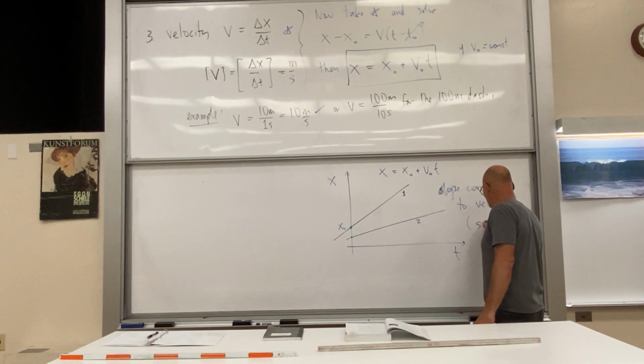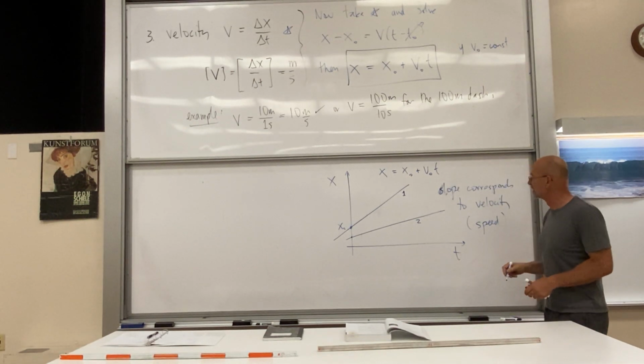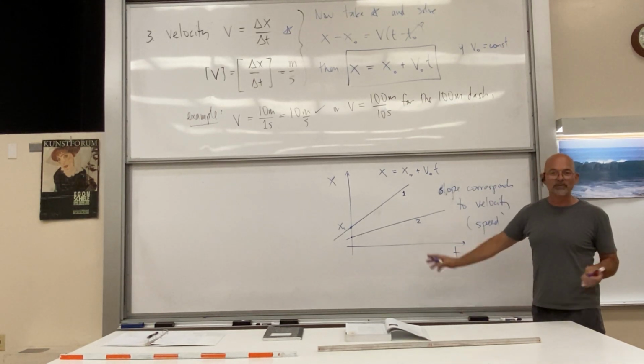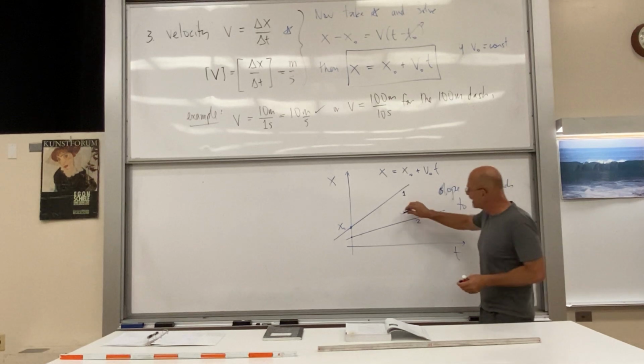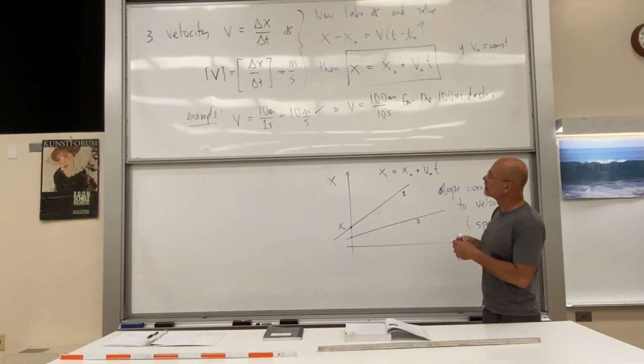In this case, speed. Speed is the magnitude of the velocity. So technically speaking, we don't use them interchangeably. Sometimes we do. If it's steeper, it means it's going faster. Larger number there. Good. That's what we'll end with.